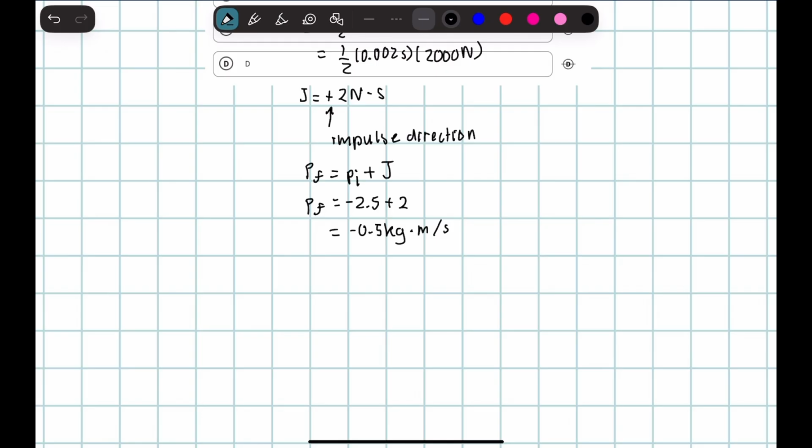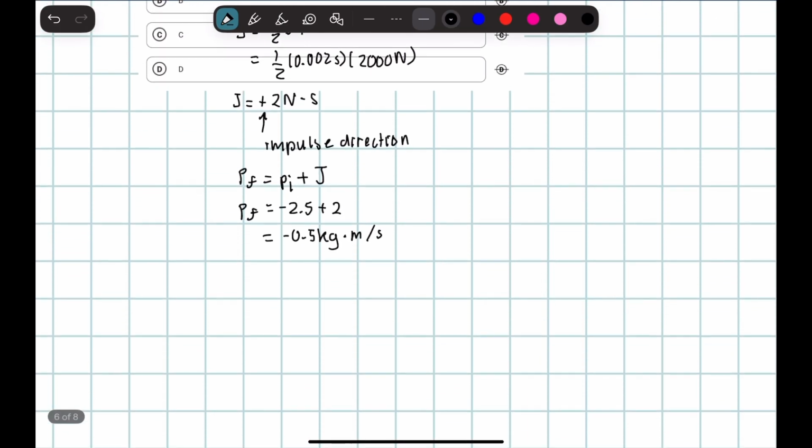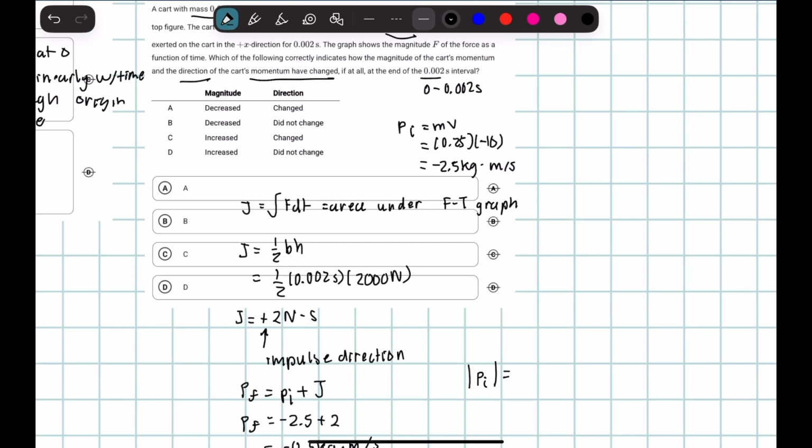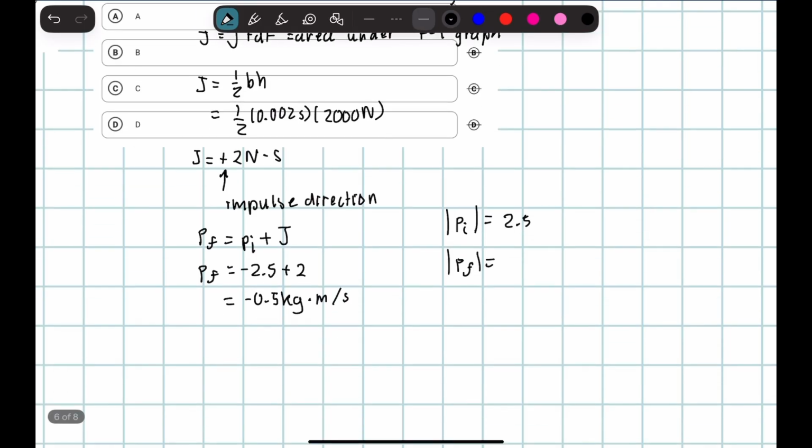So then we can interpret the results. We know that the P initial magnitude was negative 2.5 kilogram meters per second. We want just the magnitude, so it's 2.5, and then the Pf magnitude, that's negative 0.5, and we just want the magnitude.